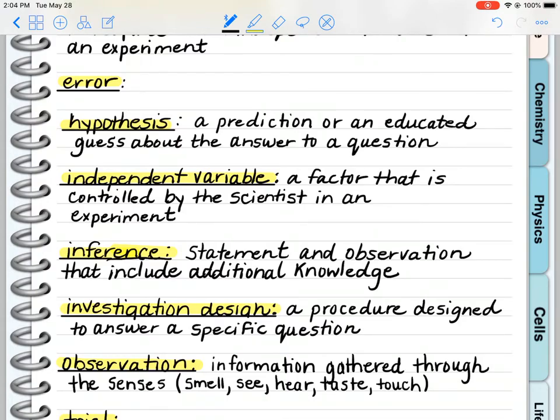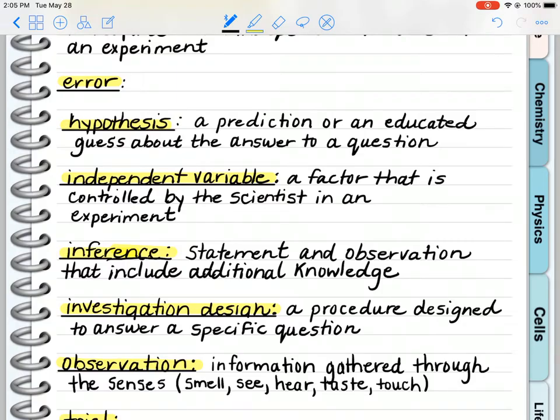I could know that from past experience, diet sodas have been linked with stomach problems. So I would come up with an inference about that situation, that maybe the diet soda is causing sick stomach. I can't say that for sure. It's just a statement about what I have observed and what I know from past knowledge.